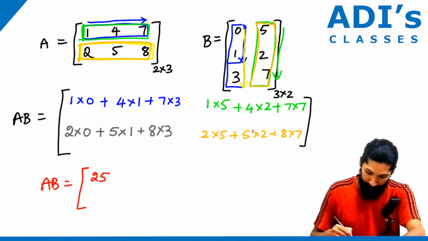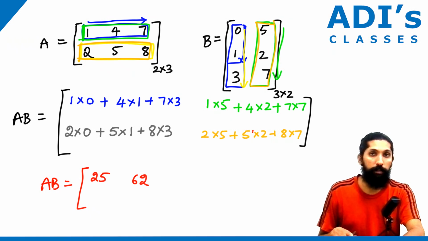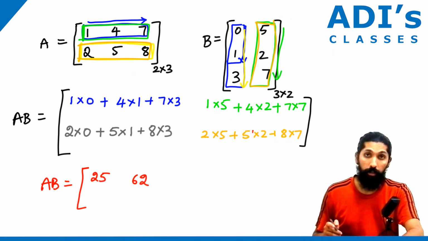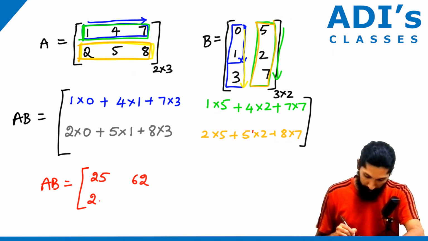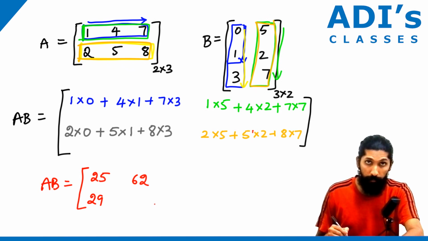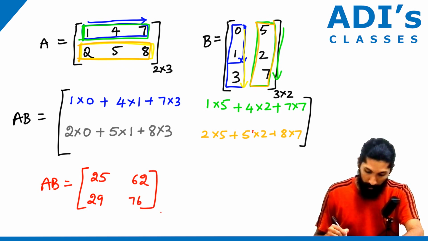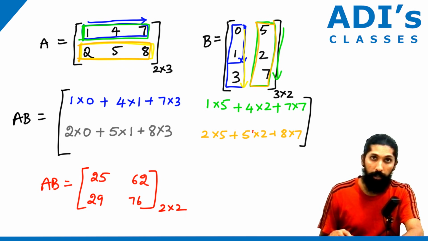We get 62, which is the first row, second column. The next one is 0 plus 5 plus 24. 5 plus 24 is 29. The next one is going to be 29. The next one is 10 plus 10, which is 20. 20 plus 56 is 76. See the order, 2 cross 2. That's what I was telling you in the beginning, correct?